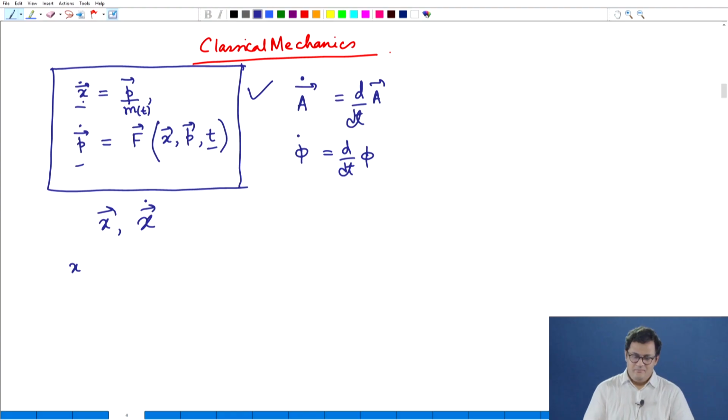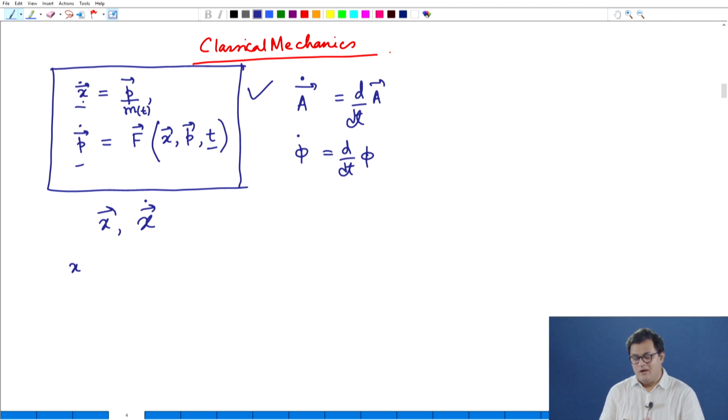Now, if I say x is 3t squared i plus t j minus t cubed k, then you can give me t equal to 5, 6, whatever, and for that I can tell you what x dot will be. That is why they are functionally independent. Another point I will come to later: there is the point of initial conditions.